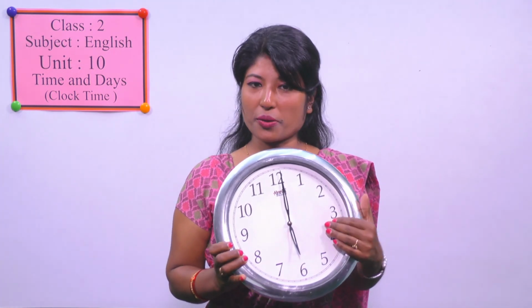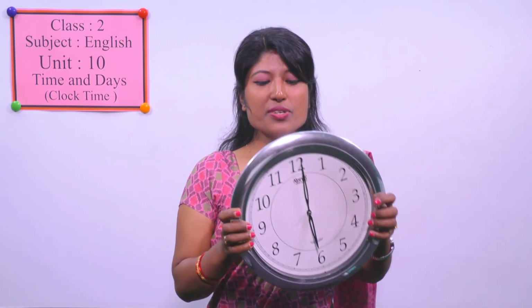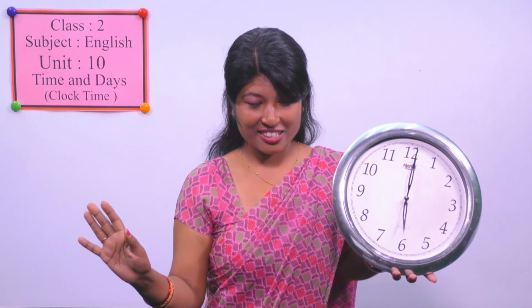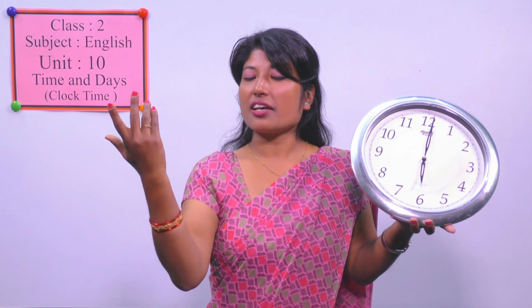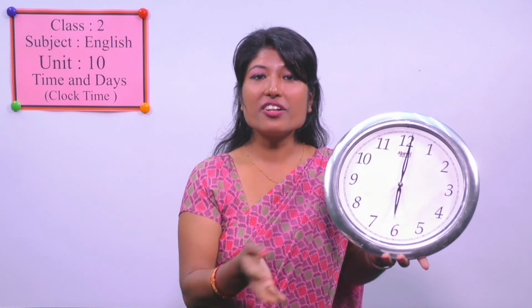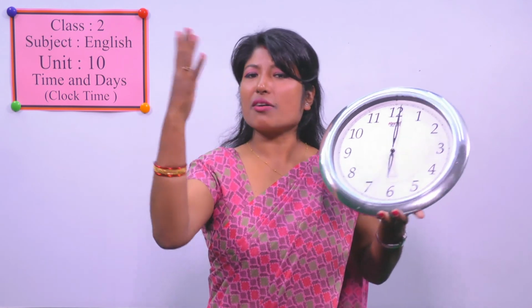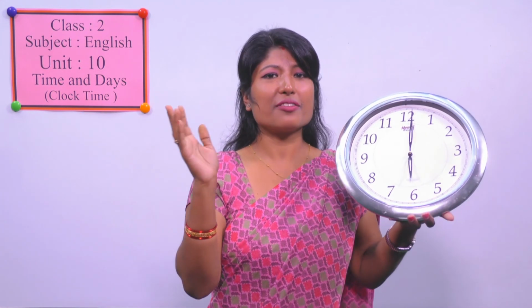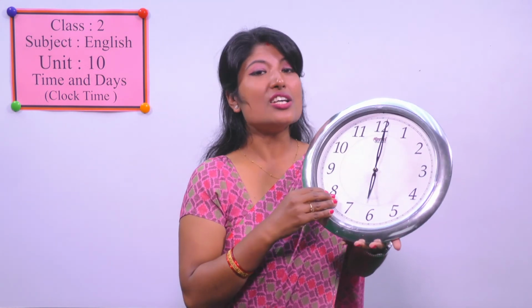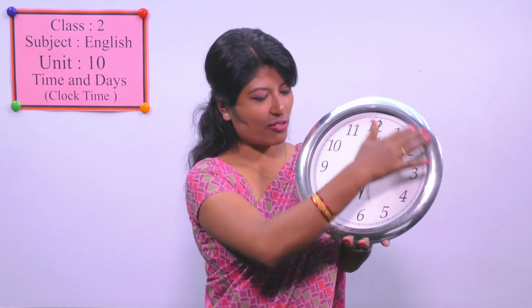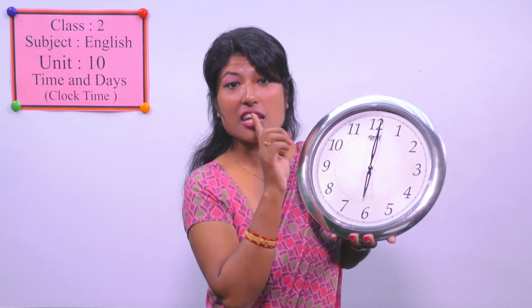So we have learned today how to look at the clock and how to know the time in the clock. As we have discussed, the shape of the clock could be any: round, oval, heart shape, triangle, square, or rectangle. The shape may be different, but usually we find the round shape. And it has numbers.